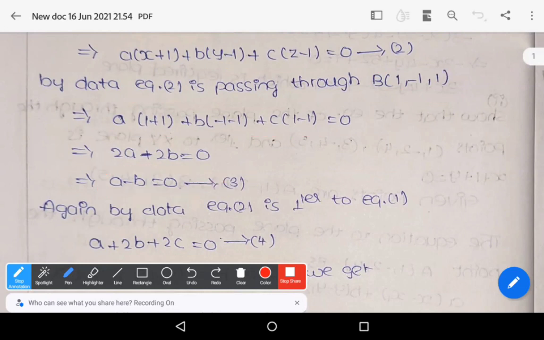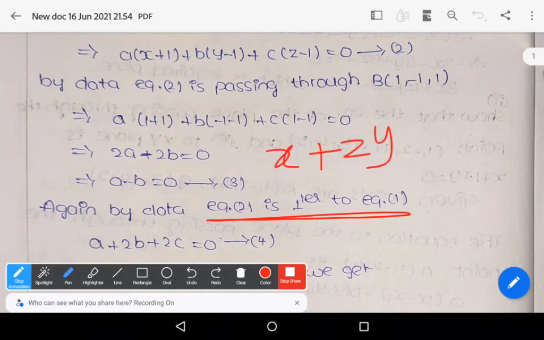Again by the data, equation 2 is perpendicular to equation 1. What is equation 1? x + 2y + 2z = 5.